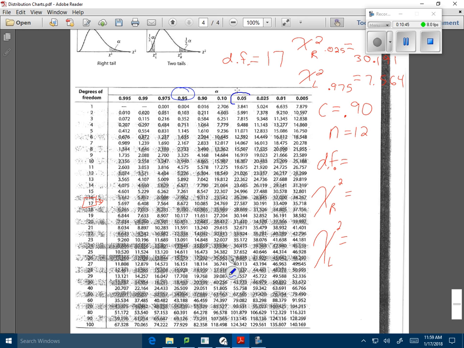So if n is 12, degrees of freedom is 11. Then I go straight across. Your values here should be 4.575 and 19.675, I think.